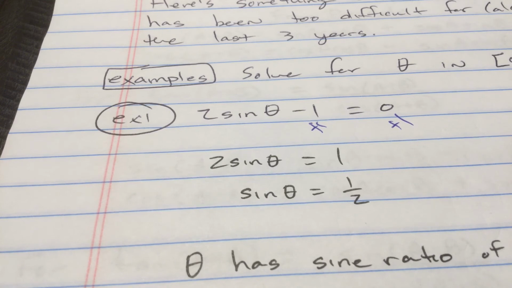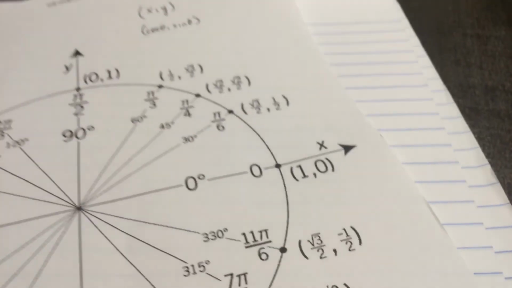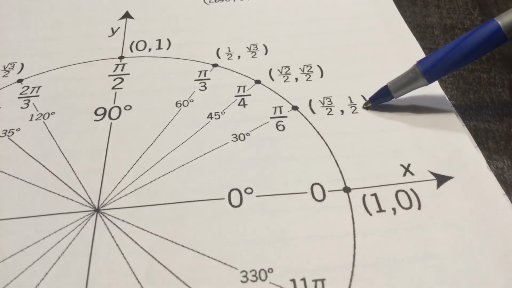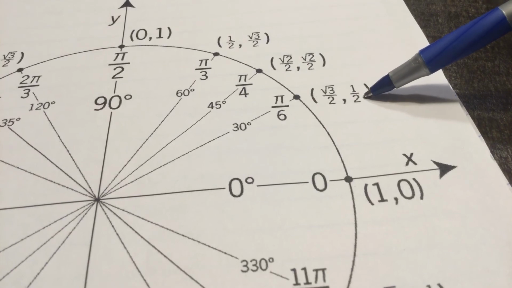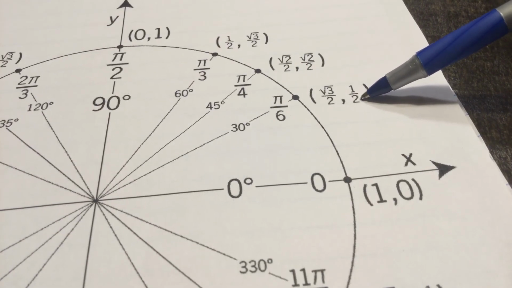This is saying find all of the angles on the unit circle that have a sine ratio of 1/2. So theta has a sine ratio of 1/2. Where? Remember, sine is the y. 1/2 is there, 30 degrees. In geometry, though, all angles were between 0 and 180, right?